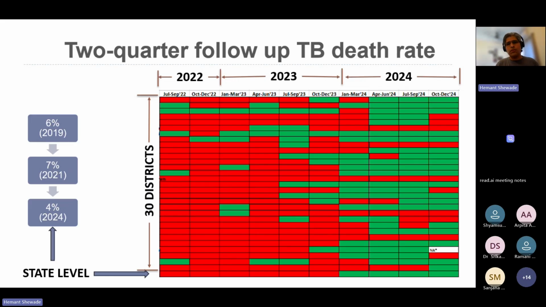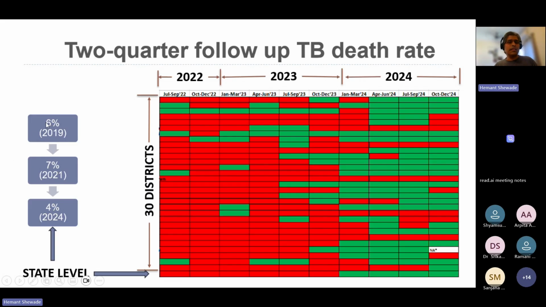As you see from left to right, the green is increasing. If you look at 2024, roughly 22 to 23 districts had a reduction in TB death rate in every quarterly diagnosis cohort. If you look at the final row, which indicates the state, in the last 4 quarters there was a significant state-level reduction of TB death rate by 20 to 30%.